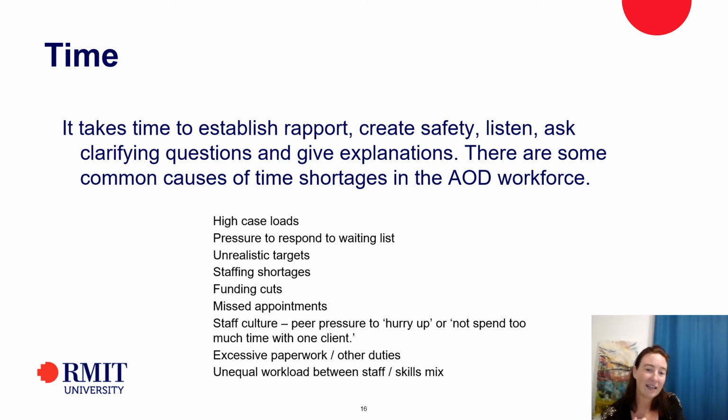Finally, unequal workload and skills mix. That's not unique to drug and alcohol. Anyone who's worked in any workplace will know that there can be unfair division of work, or the number of senior staff. There's not enough senior staff. We've got a lot of inexperienced staff, and we really need workforces where there's a mix.